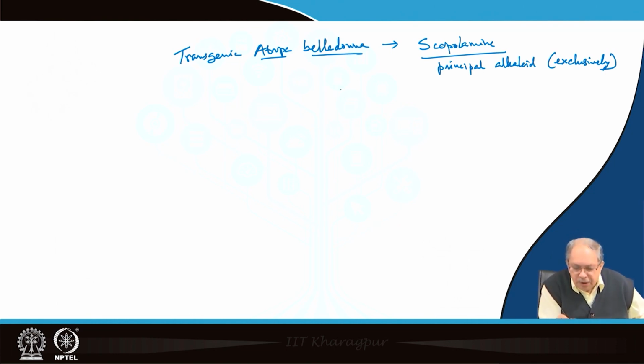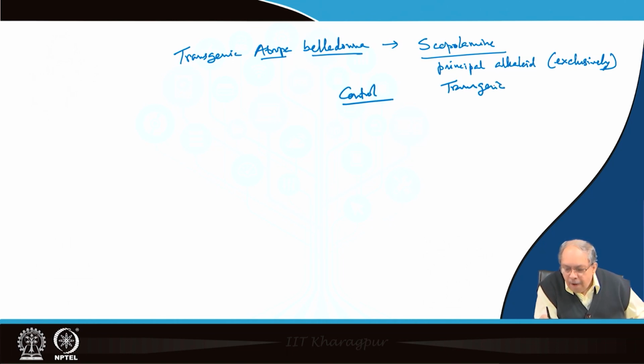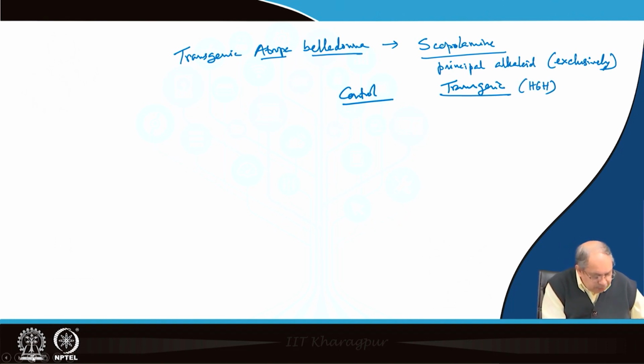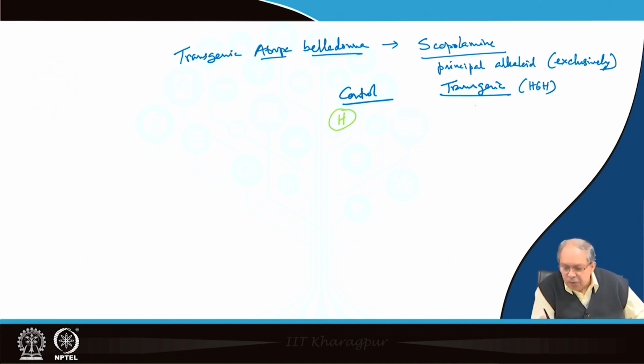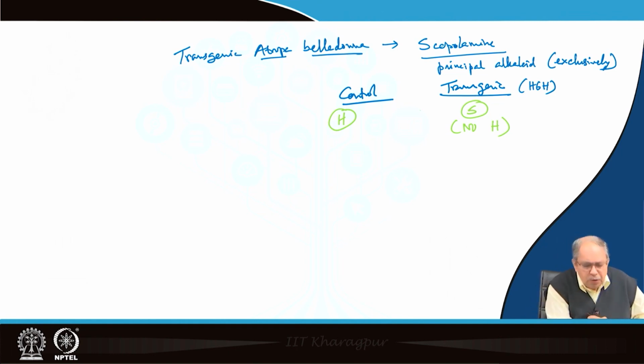If you have a control plant and a transgenic, where transgenic means it has H6H, in the control plant you find it contains hyoscyamine, but in the transgenic plants you get S, almost no H. That means all H got converted into S. Fine, very exciting results, but again a question came to the mind of the scientists.